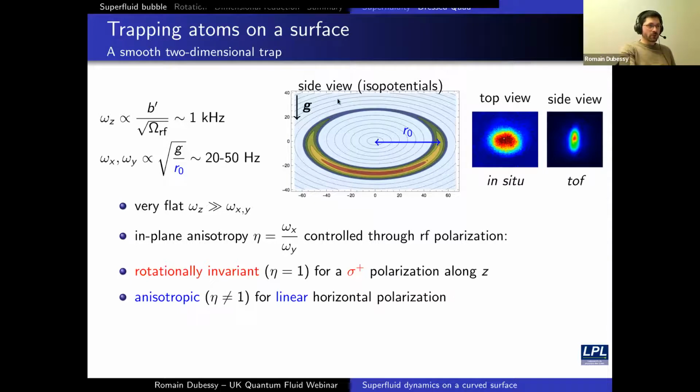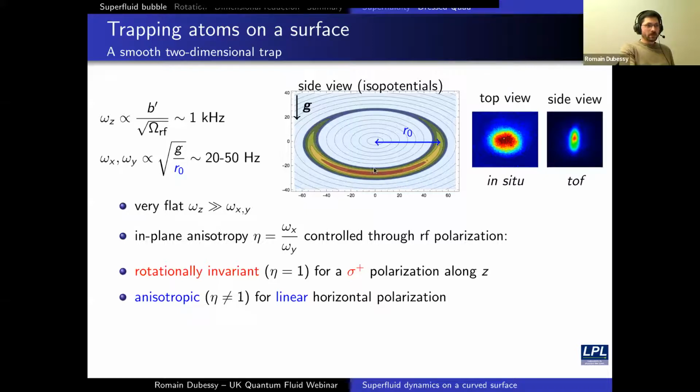So we see that the potential results in an ellipsoid shape where the local energy minimum is on this eggshell shape. And because of gravity, we have an extra term in the potential that makes all the atoms accumulate at the bottom of this surface.